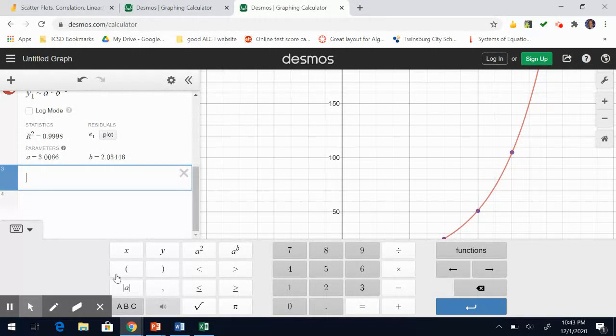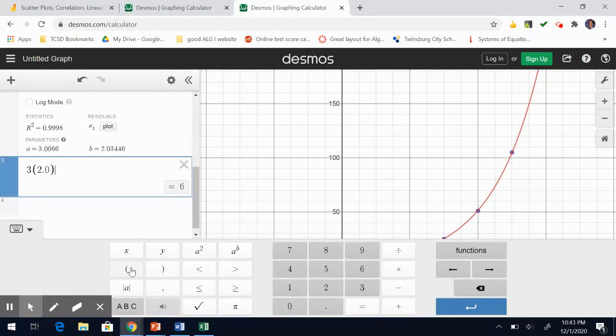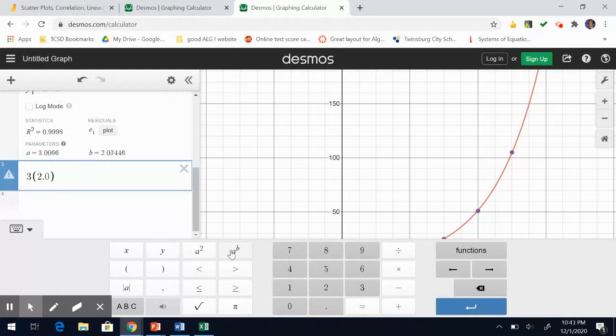I'm just going to round it to the nearest tenth. So this is 3, and then we would have our B value. I'm going to put in parentheses 2.0, rounded to the tenths. And then, of course, we have that to the x power. As you can see, it changed just a little bit because I rounded it, because this is blue now.